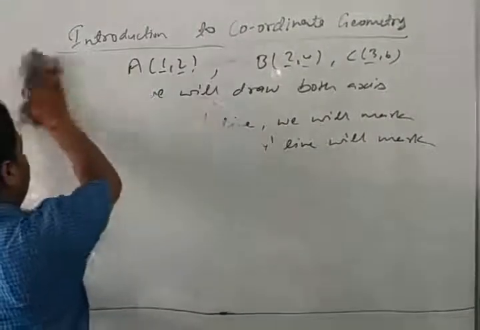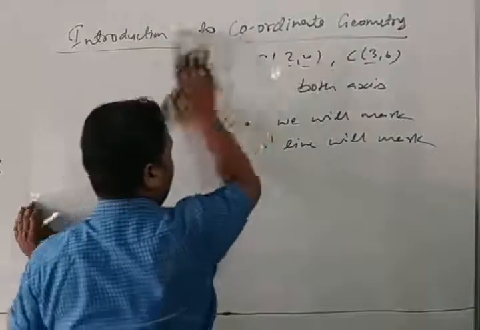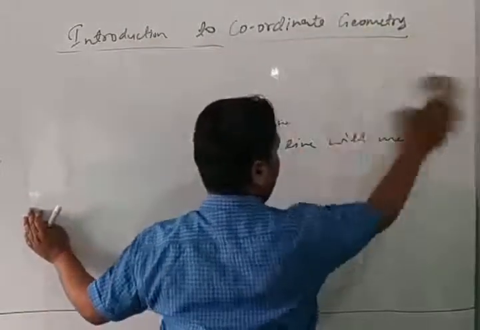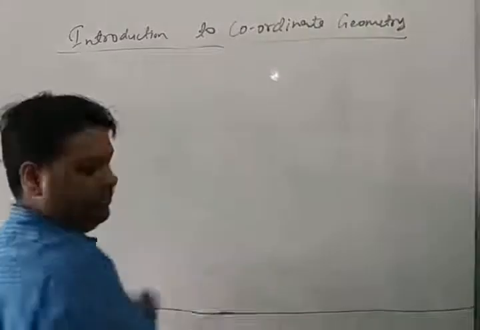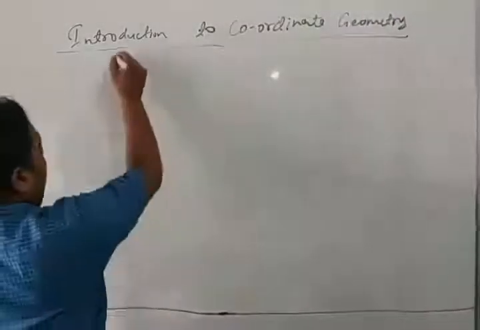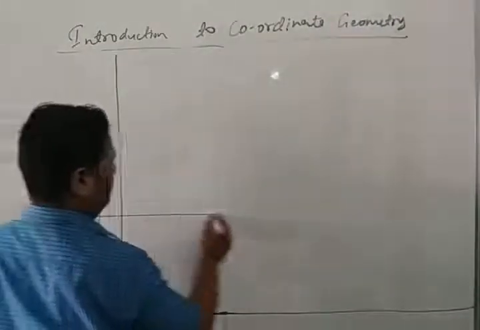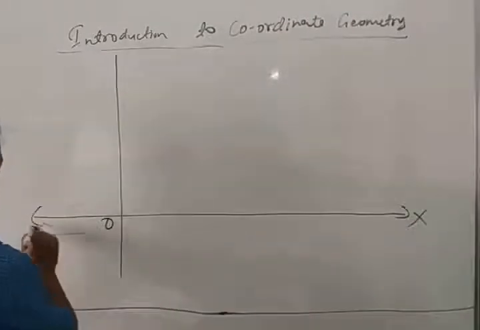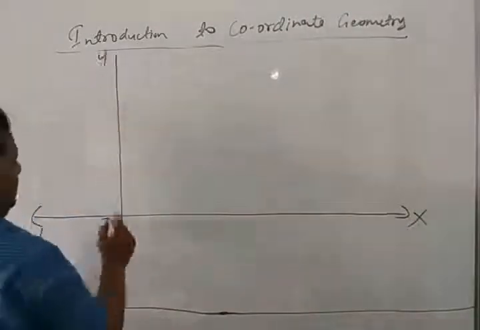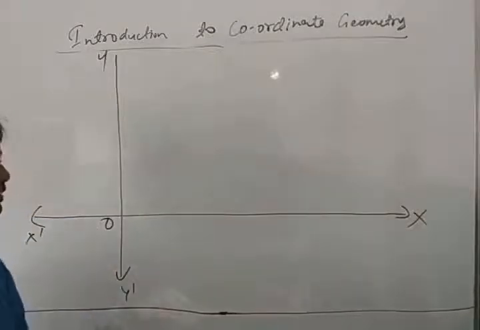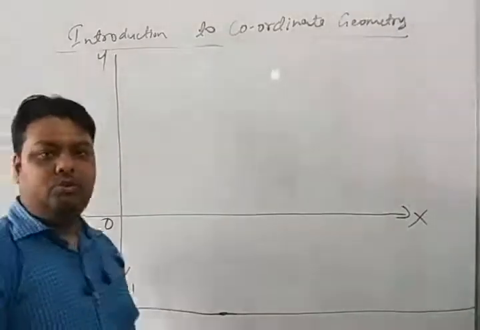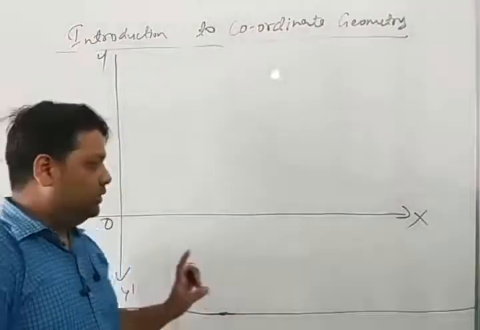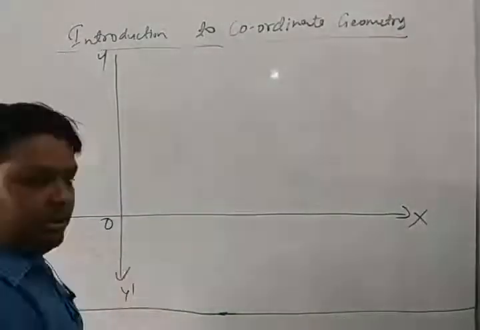Let's see. Now at first I am drawing the graph on the board. X'OX, Y'OY. All values of x and y are positive, so there is no need to draw the minus sign.